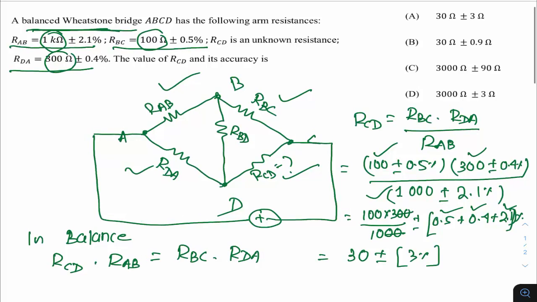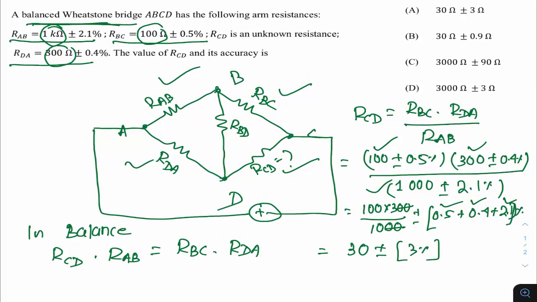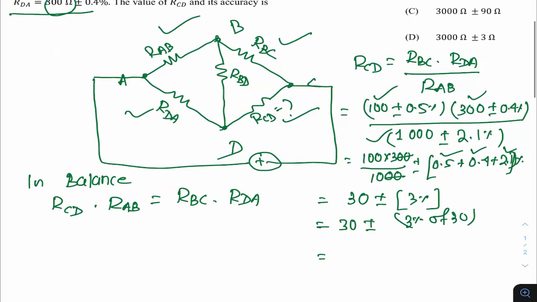But if you see the options, the errors are not specified in percentage form, but in absolute form. So this is equivalent to 30 plus or minus 3% of 30. So 3 by 100 into 30 is basically 9 by 10, which is 0.9 ohms.